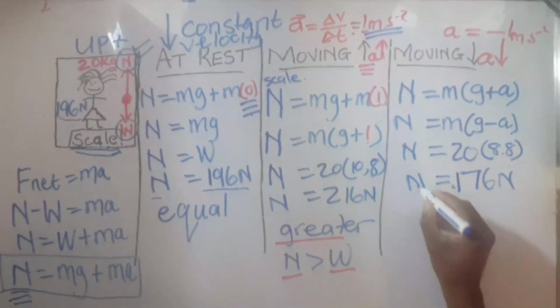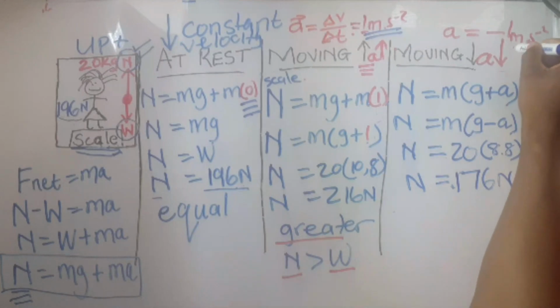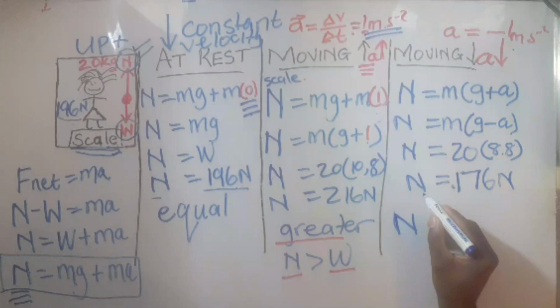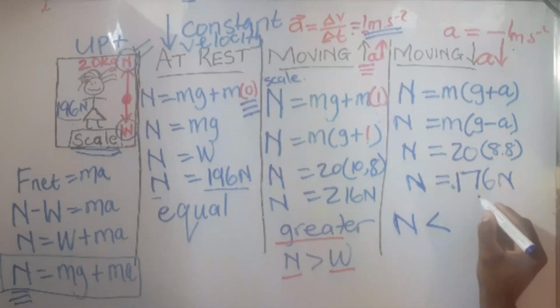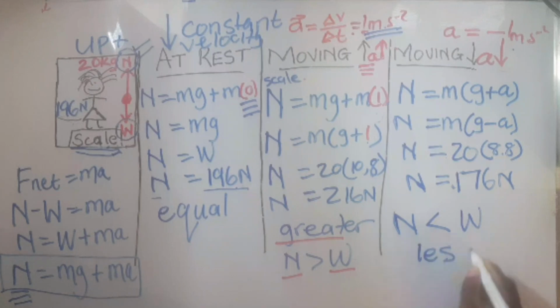Now the reading on the scale in the situation where the lift is accelerating downwards: you can see the normal force now has a value that is less than the actual weight of the girl. So the reading on the scale would be less than the actual weight of the girl. Let's summarize what we just said.